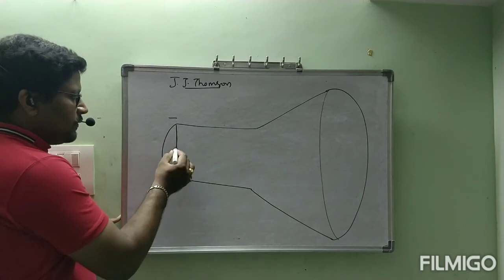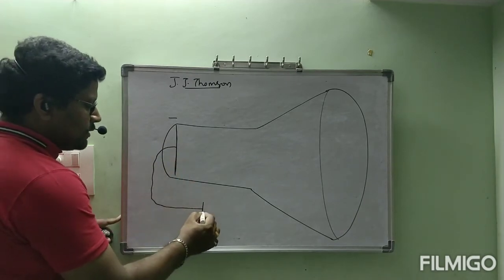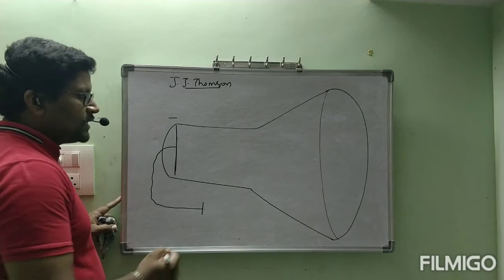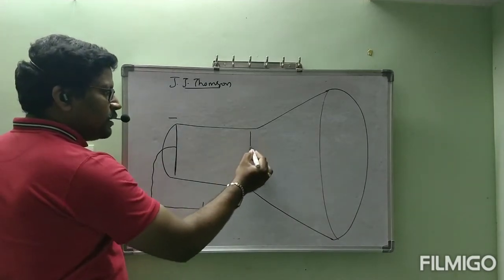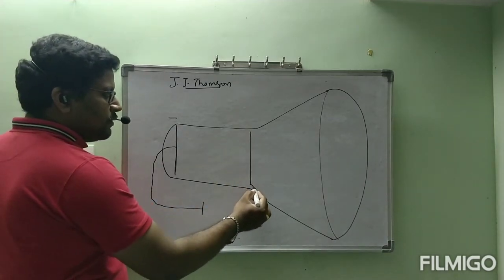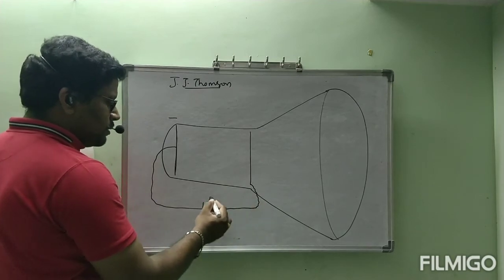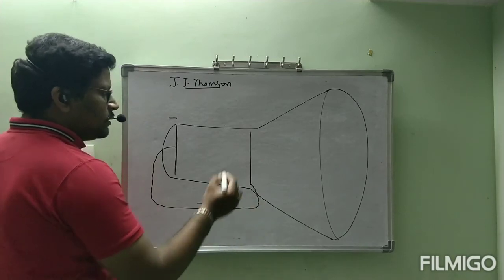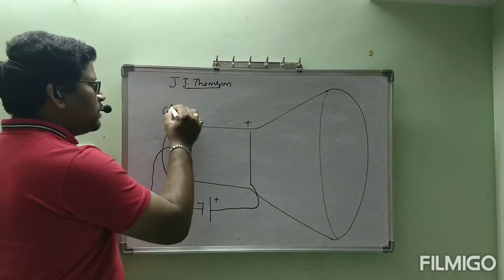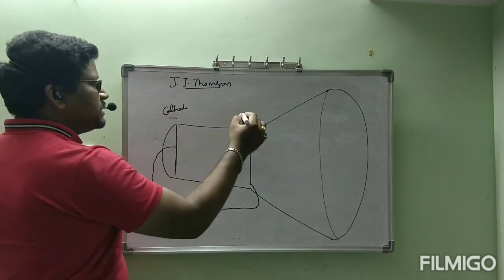Now it is fitted here with a metal plate which is connected to the negative terminal of the battery. Next, here I kept one metal plate which is connected to the positive terminal of the battery. This is the cathode and this is the anode.